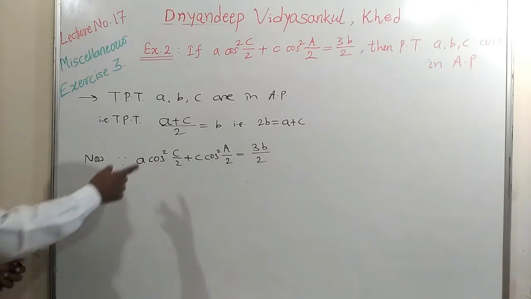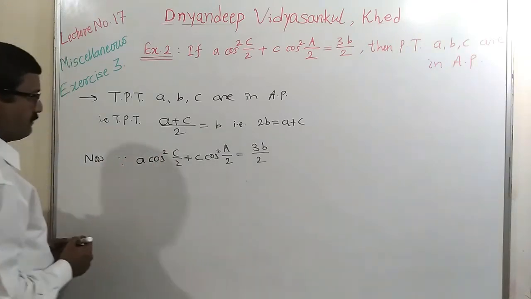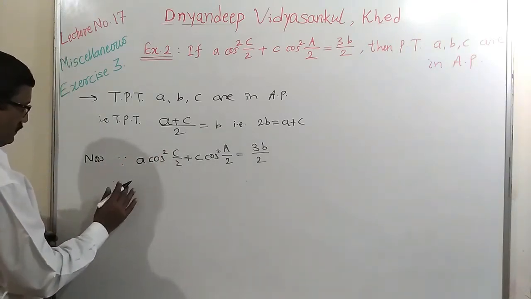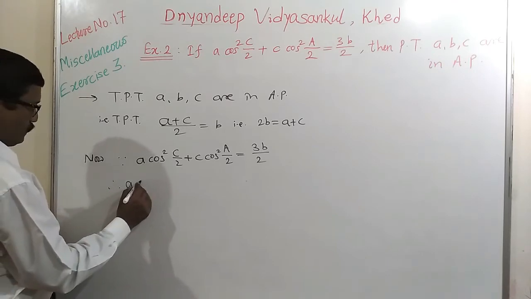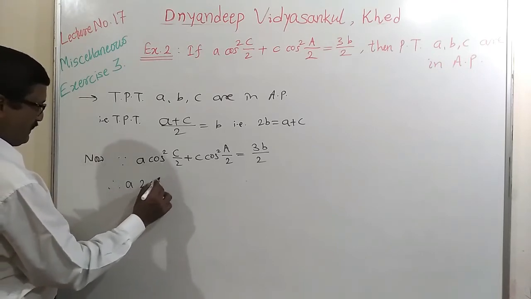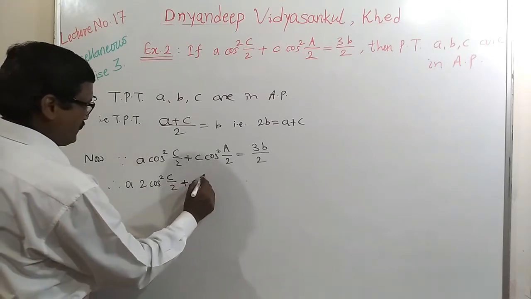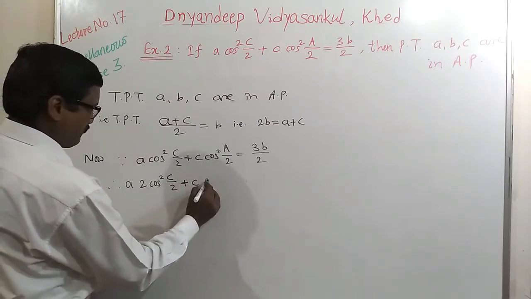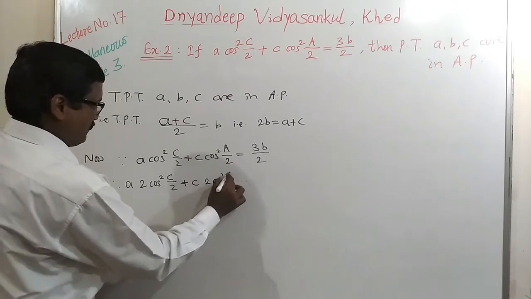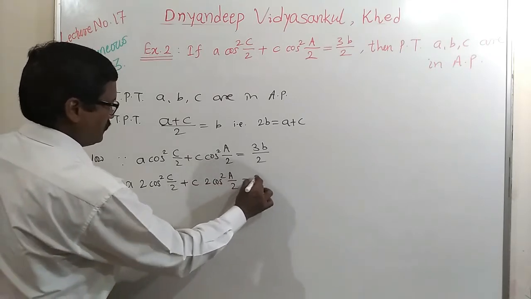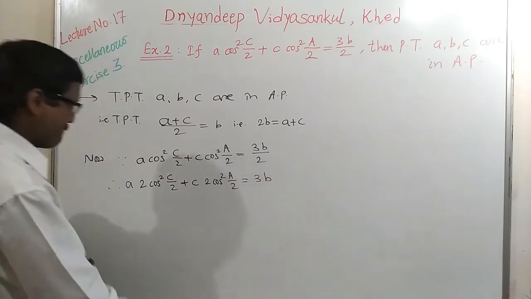let us multiply both sides by 2. Therefore, we get a into 2 times cos square C by 2 plus c into 2 times cos square A by 2 is equal to 3b.